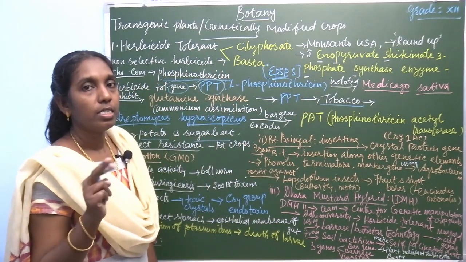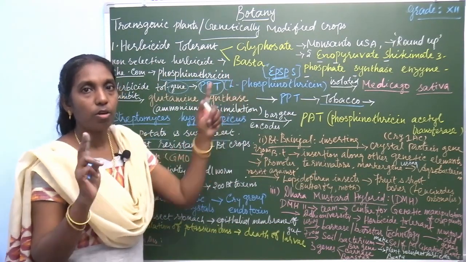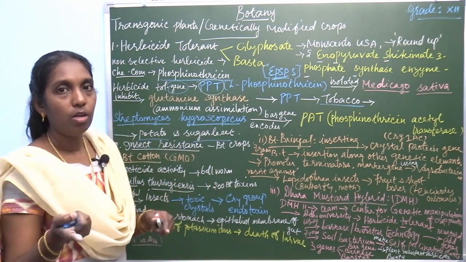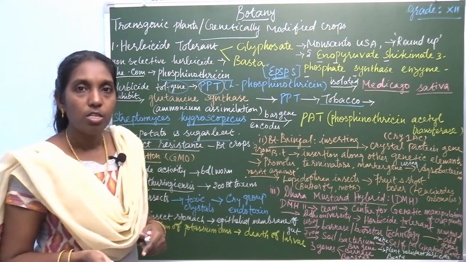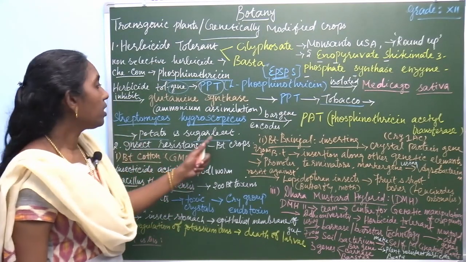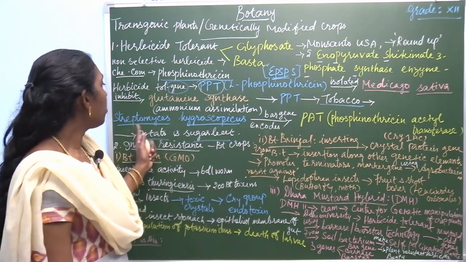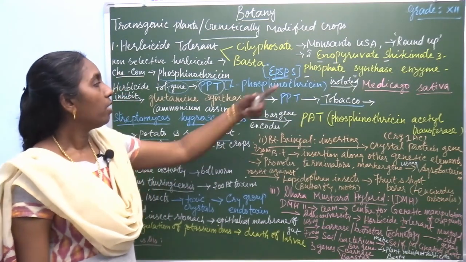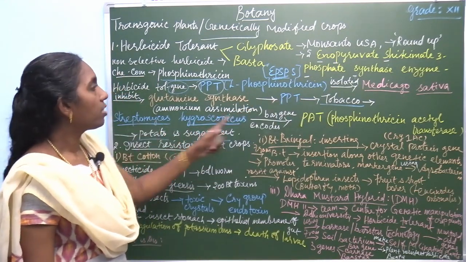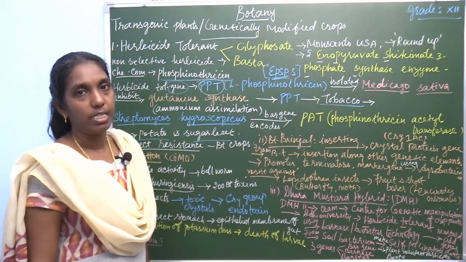So under herbicide resistant Basta, you are going to write two examples. One is modifying the tobacco plant; another is modifying potato and sugar beet. For potato and sugar beet, the gene is isolated from Streptomyces hygroscopicus and the gene is PAT. For tobacco, the gene is isolated from Medicago sativa and the gene is PPT.